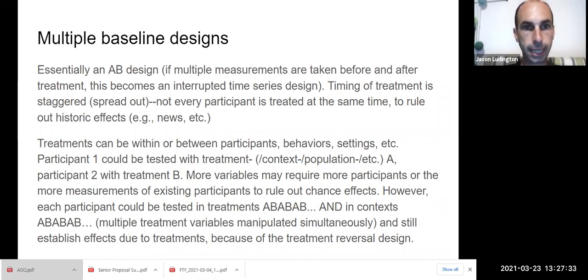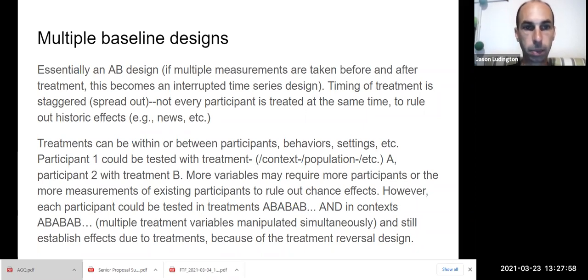Participant 1 could be tested with treatment or context or population 1 or A. And participant 2 could be treated with treatment 2 or context 2, population 2, etc. More variables may require more participants or more measurements of existing participants to rule out chance effects.